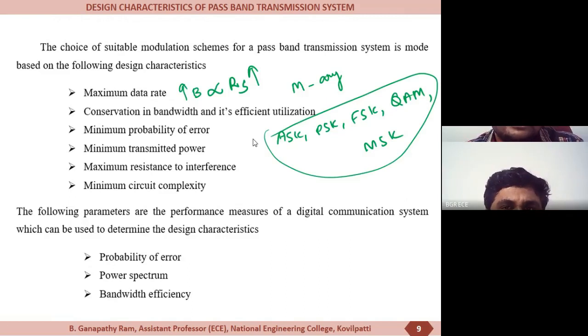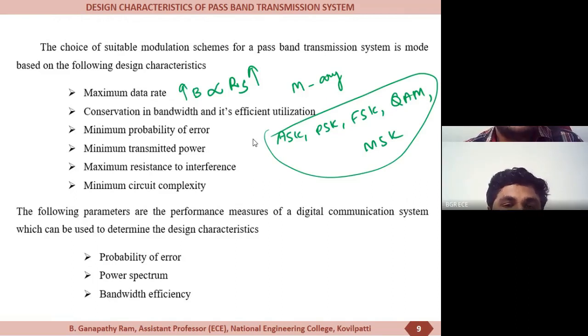So within the limit, we have to choose a proper modulation technique. Minimum transmitted power is one of the design characteristics while designing a digital communication system.